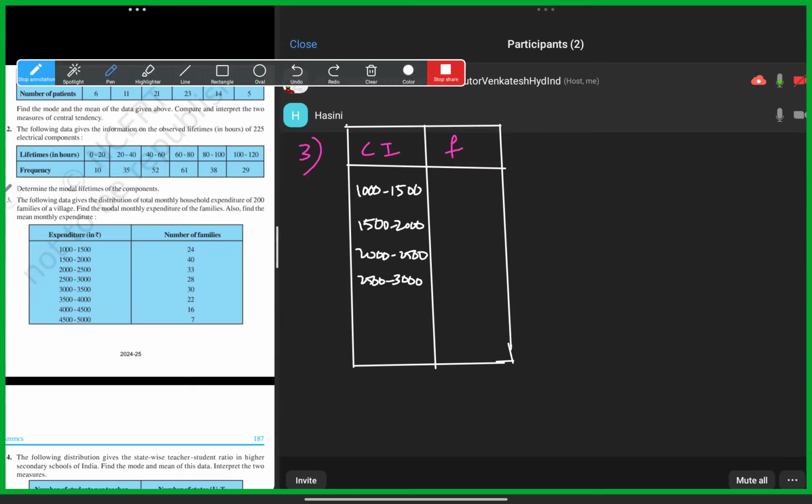Then four more are there at the last: 3000 to 3500, 3500 to 4000, 4000 to 4500, 4500 to 5000.